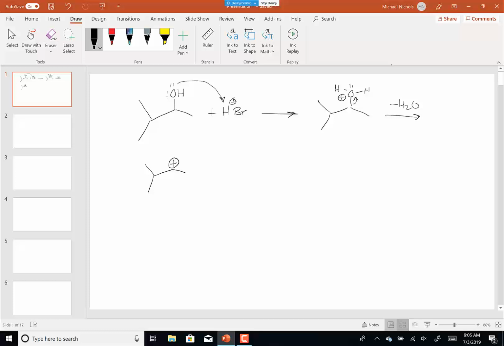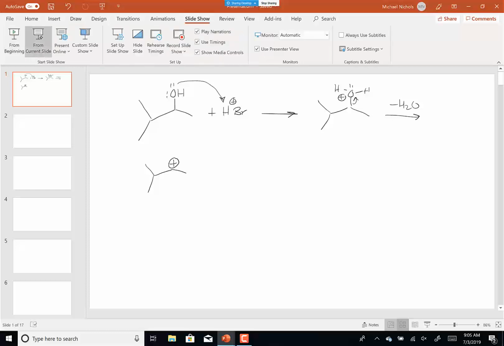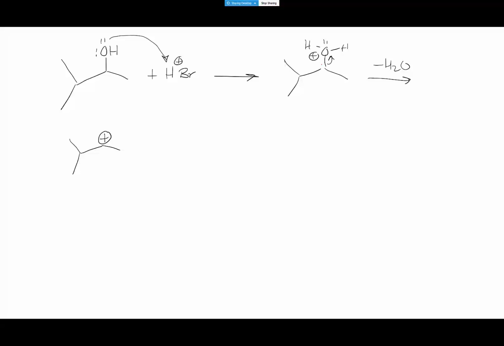So as far as the SN1 mechanism goes, once you protonate the OH and then you form the carbocation, now is when you're going to rearrange. If you don't rearrange at this point, you're doing an SN1 mechanism with no rearrangement. So at this point is the place where you would have to do the rearrangement.